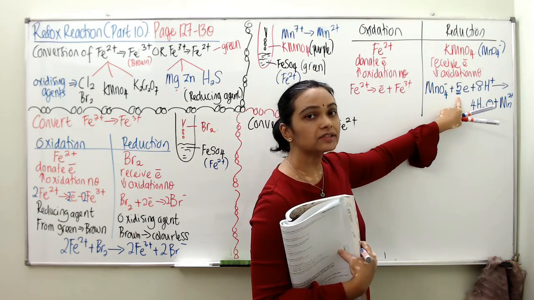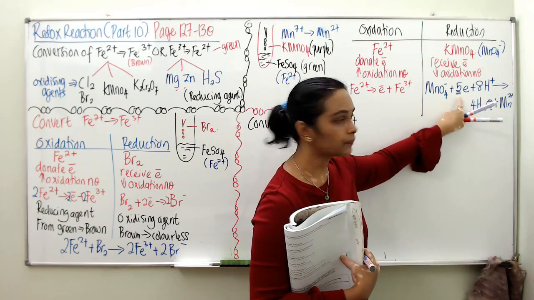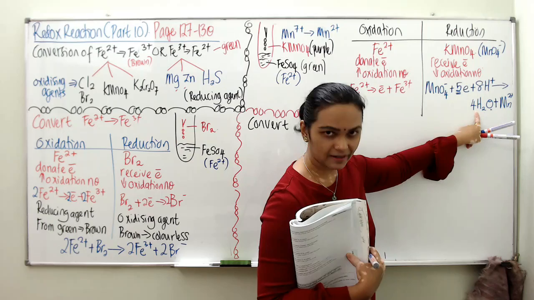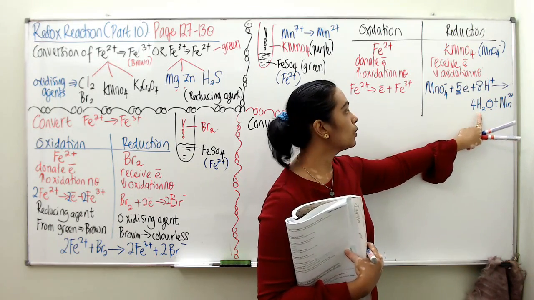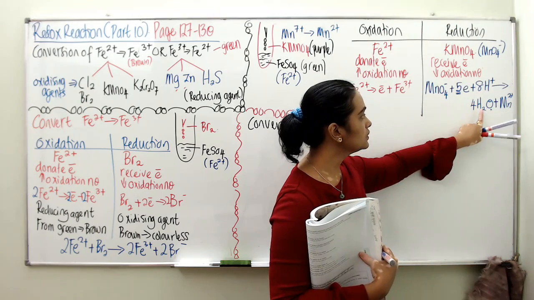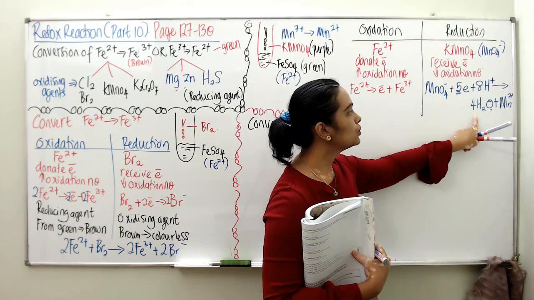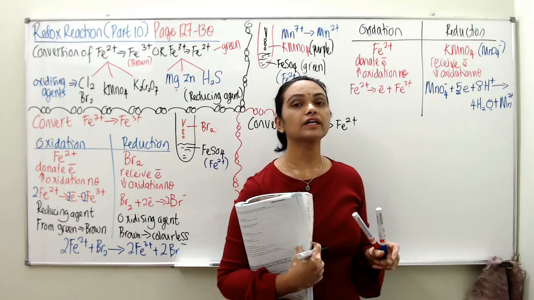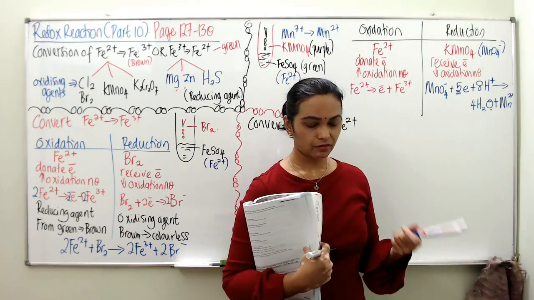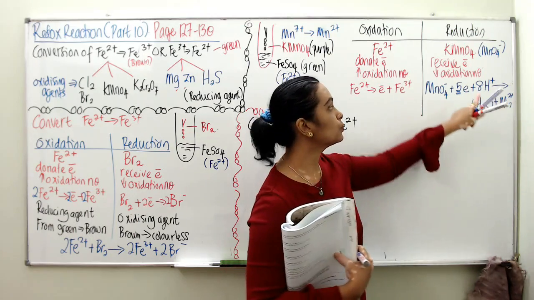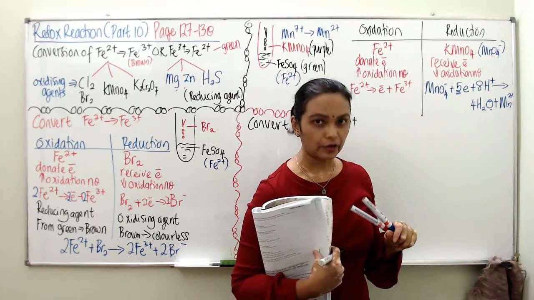Now, where does the 8 hydrogen come from? In order to balance, that's why we use acidified potassium manganate 7. The 8 hydrogen is used to produce 4 water molecules, because 4 times 2 is 8. So you bring 8 hydrogen ions.